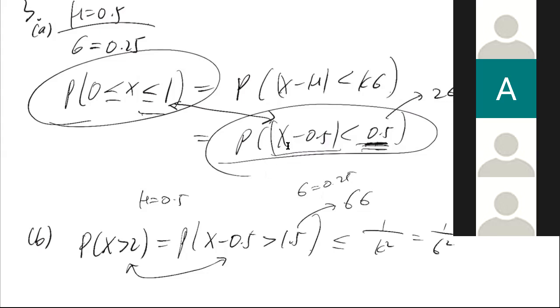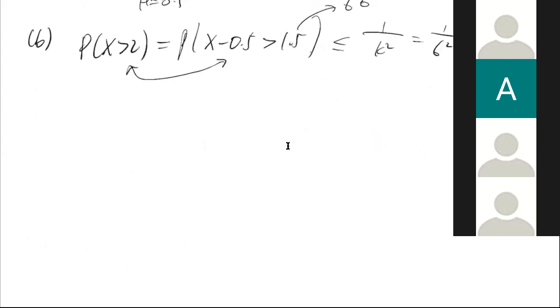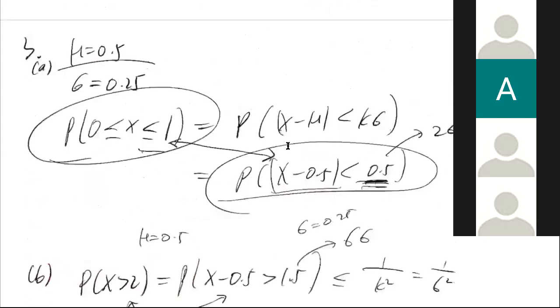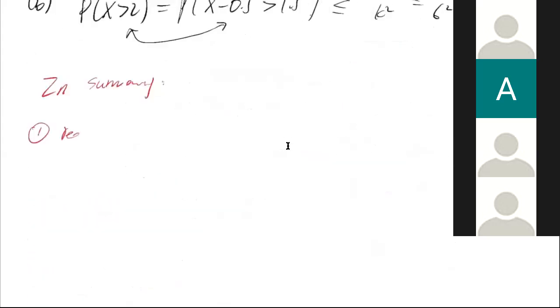So that's all for Chebyshev. In summary, for solving a Chebyshev problem, you always need to first read the problem and identify the probability range.